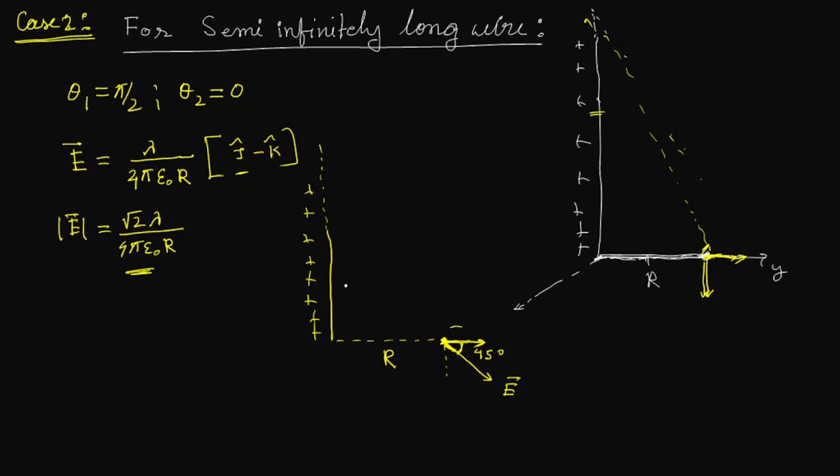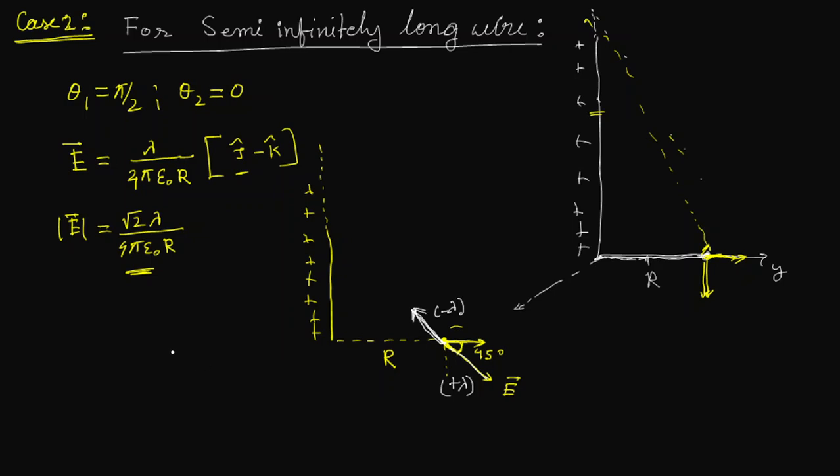Everything will remain same, magnitude will remain same, but the direction in this case will be in this direction. So this is for when charge is minus lambda, and this is for plus lambda. When charge per unit length is plus lambda, then electric field will be along this direction. And if charge per unit length is minus lambda, then electric field will be along this direction.